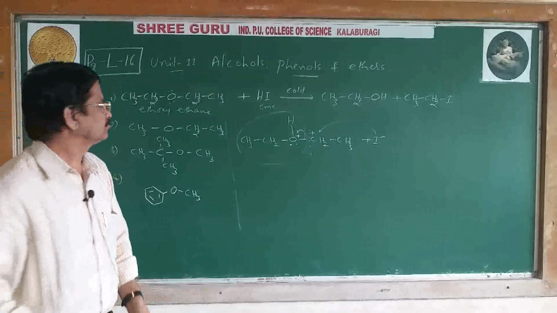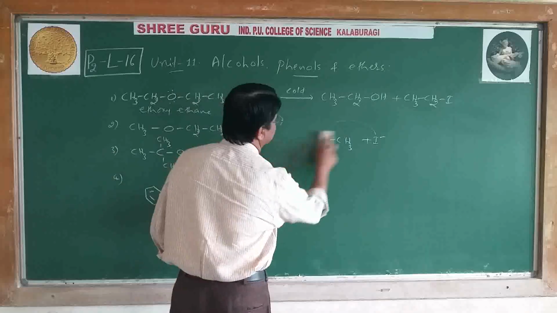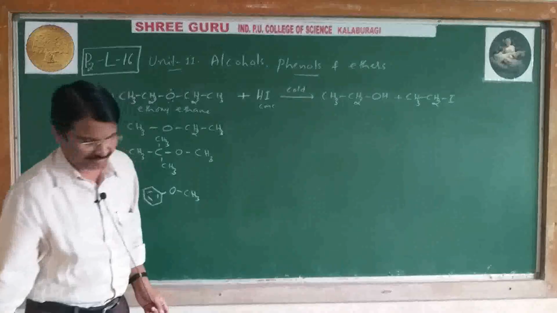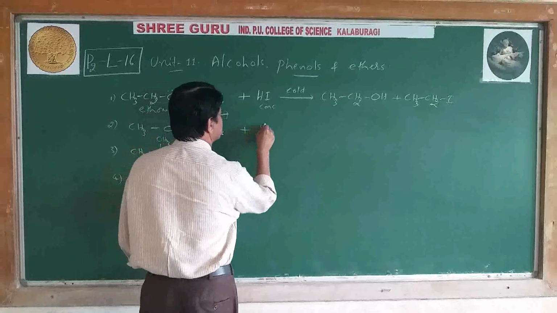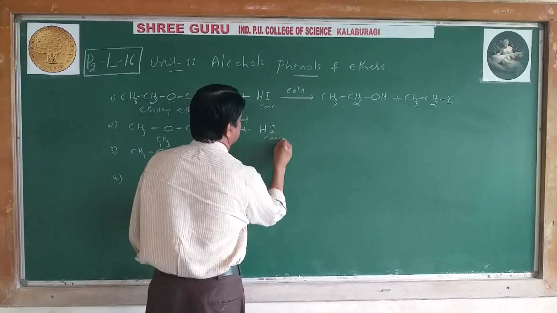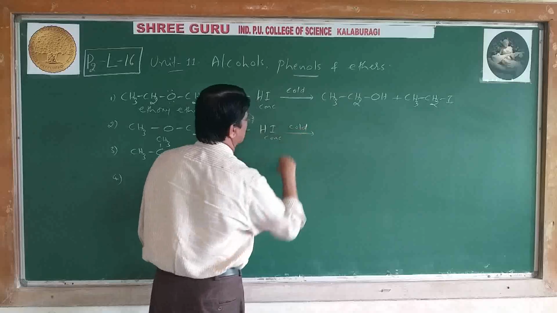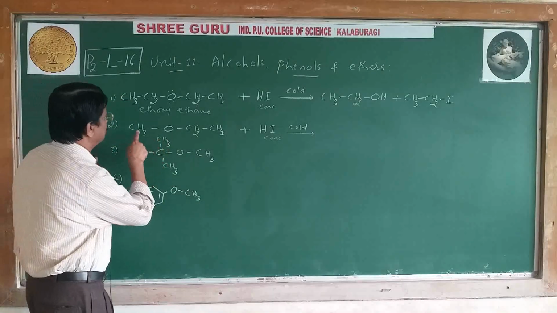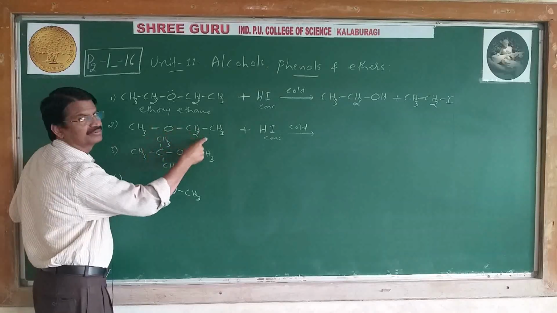Next, second example, HI concentrated cold condition. Here it is important: one side a methyl group, the other side an ethyl group.